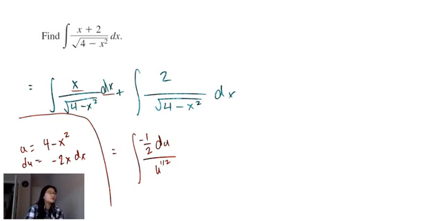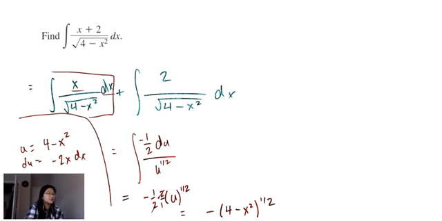So we have u to the 1/2 divided by 2, and it's a negative, so we got negative 1/2 u to the 1/2, and then dividing by our new power is the same as multiplying by 2 over 1, so that's that part, and those cancel, so we get this equals negative u, which is 4 minus x squared to the 1/2 power. That's just this part, okay?